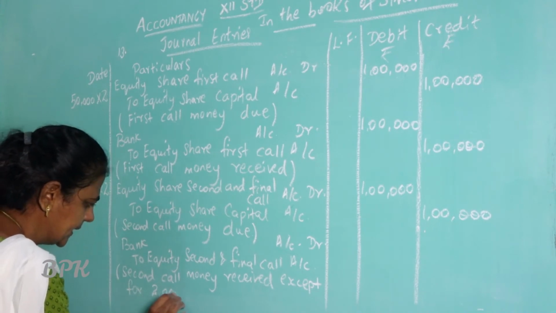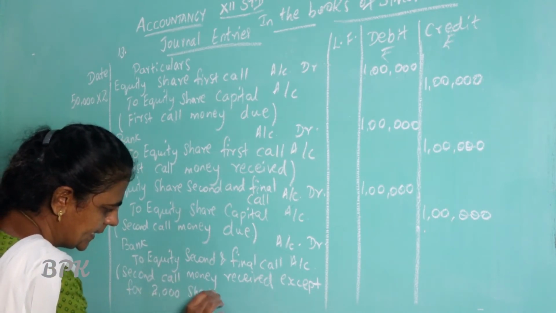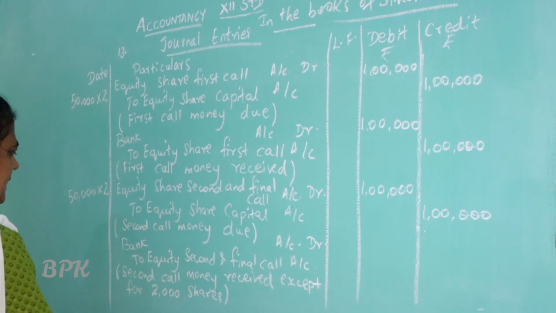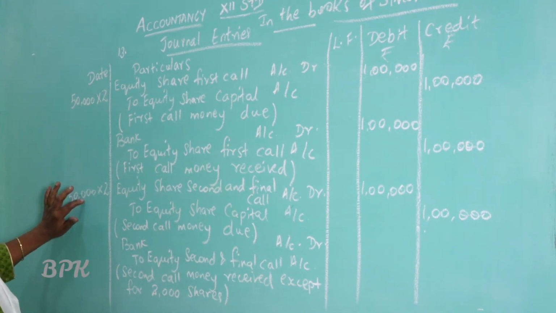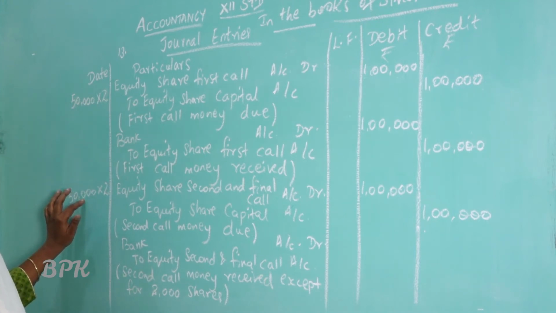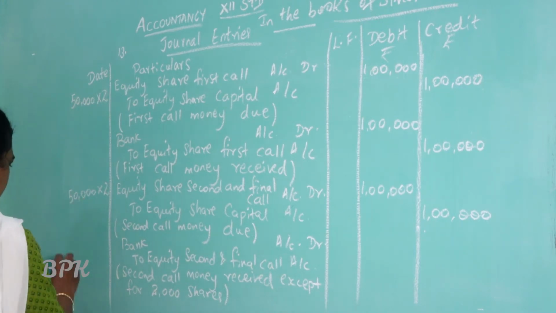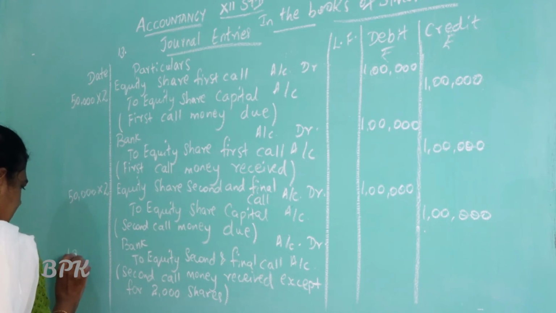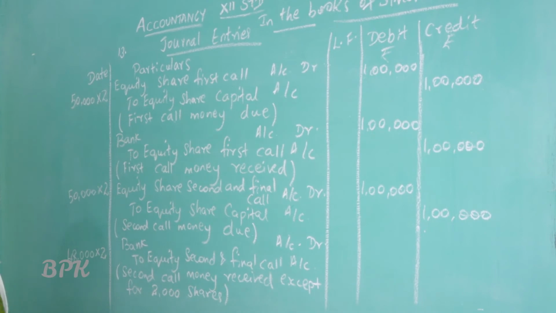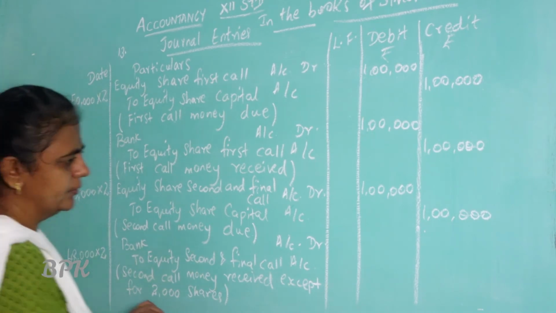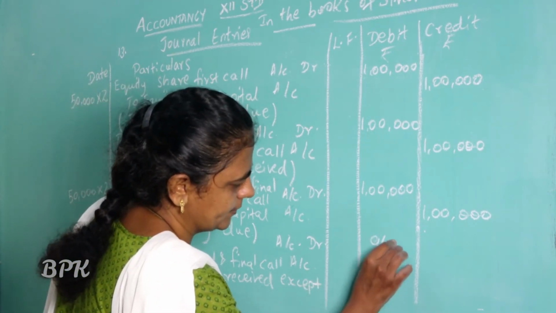2,000 shares money not received. So out of the 50,000 shares, one person holding 2,000 shares is not paying the money. So you will receive the money only for 48,000 shares. 48,000 into 2 will give you 96,000.